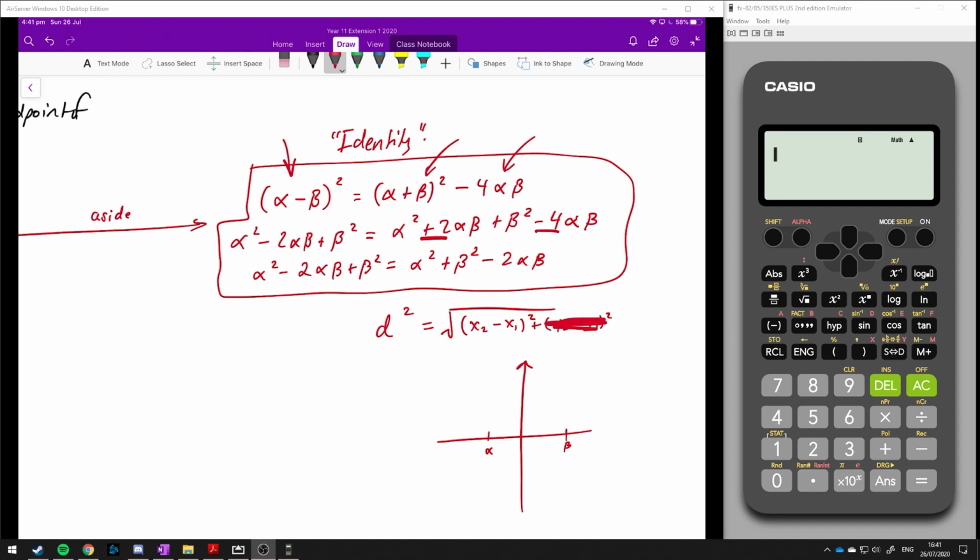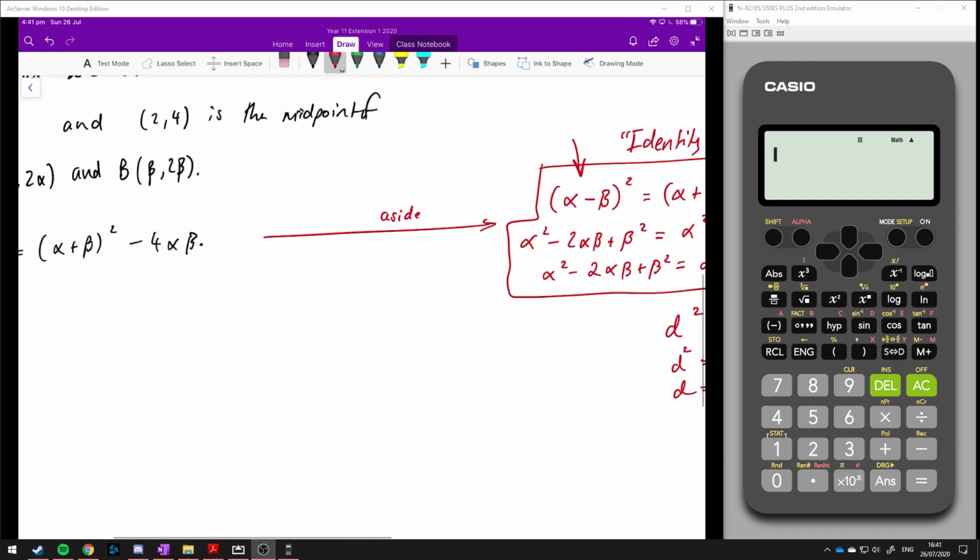We're only concerned about the x values, which are our beta and our alpha. So d squared is equal to alpha minus beta squared, which means that d is equal to the square root of alpha minus beta, all squared. So I'm just explaining why this identity has come to be.